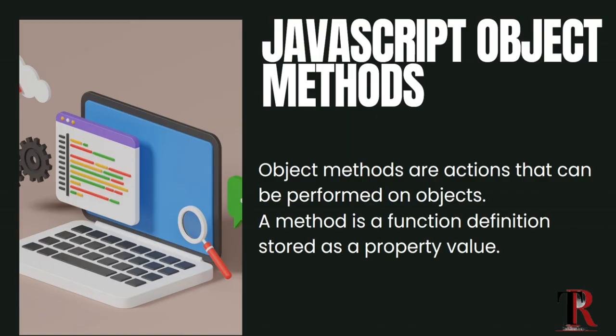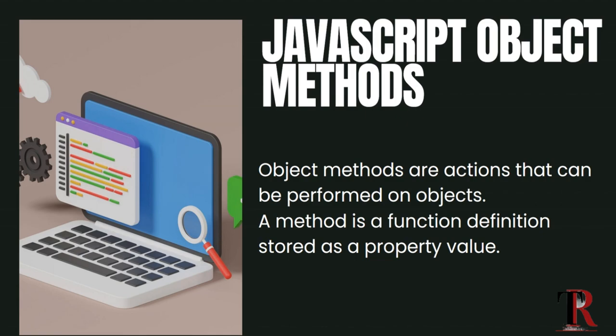So these methods are something you can use to perform particular actions in your code. In this video lesson, we are going to be looking at methods that can be used with objects in JavaScript, and how those methods can be called and defined in order to use them in your JavaScript object. Object methods are actions that can be performed on objects.